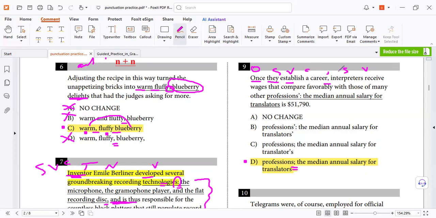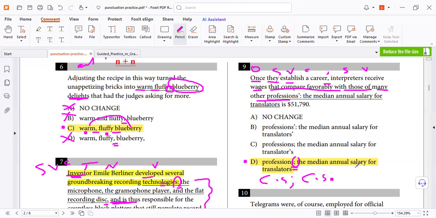So complements, receive wages, and then the relative clause to add details that compare favorably, then phrases to complete the meaning. So up to the semicolon, a complete sentence. Semicolon. The second part must be what? Complete. Let's check.